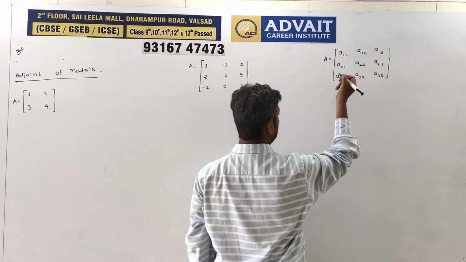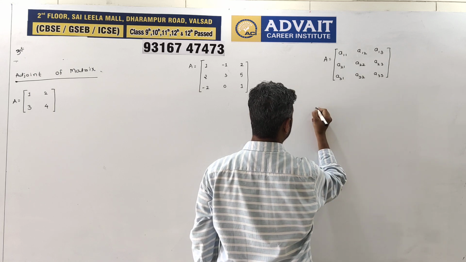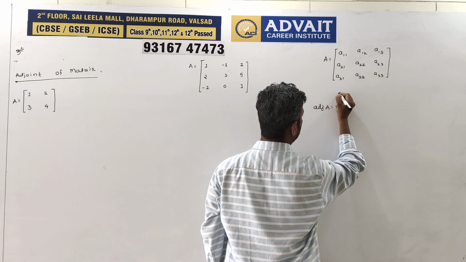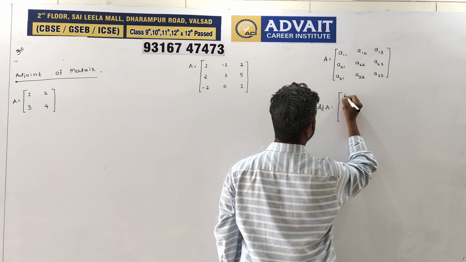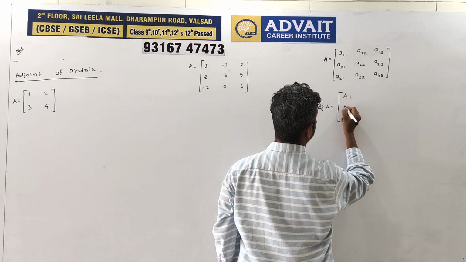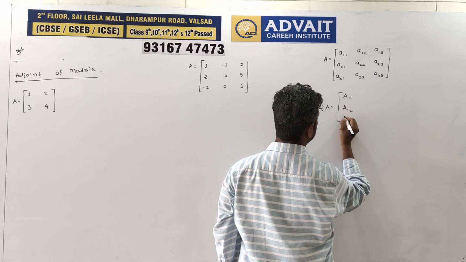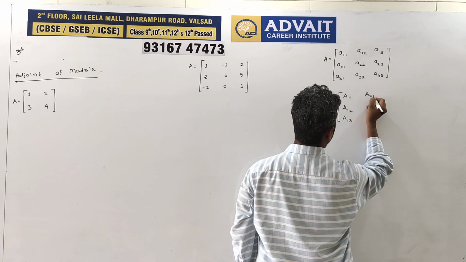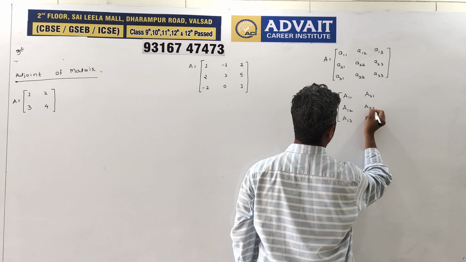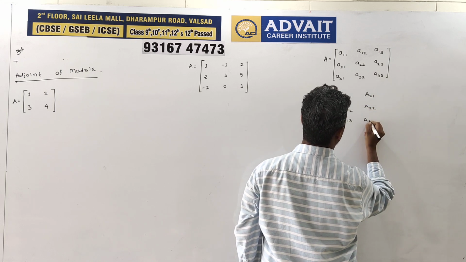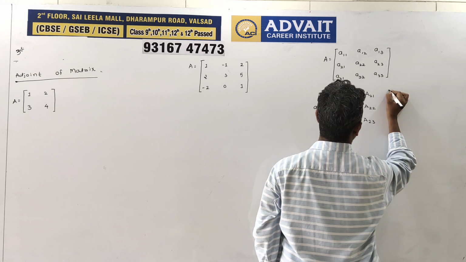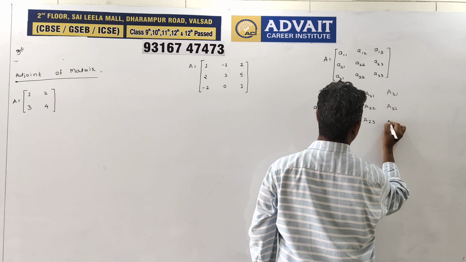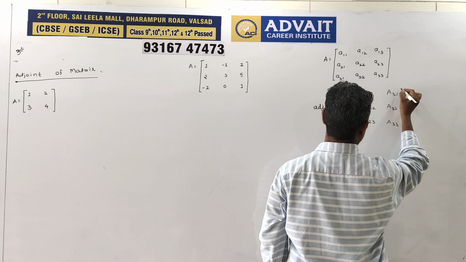But if I want to convert this matrix into the adjoint of a matrix, then it will be like this: A11, A12, A13, A21, A22, A23, A31, A32 and A33.